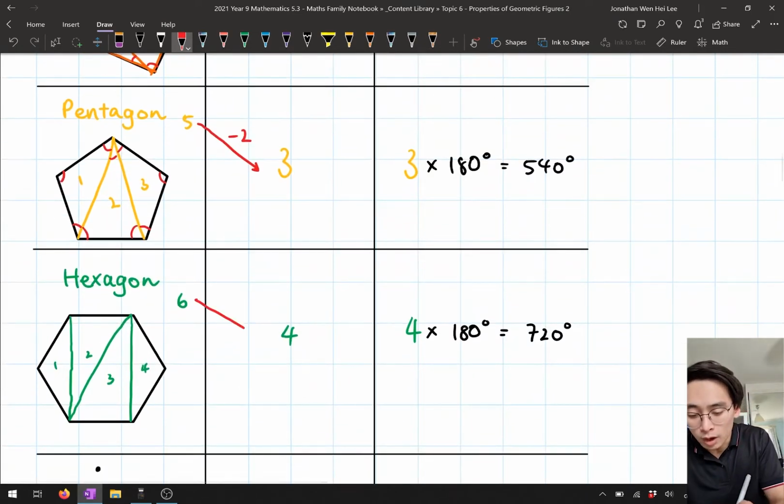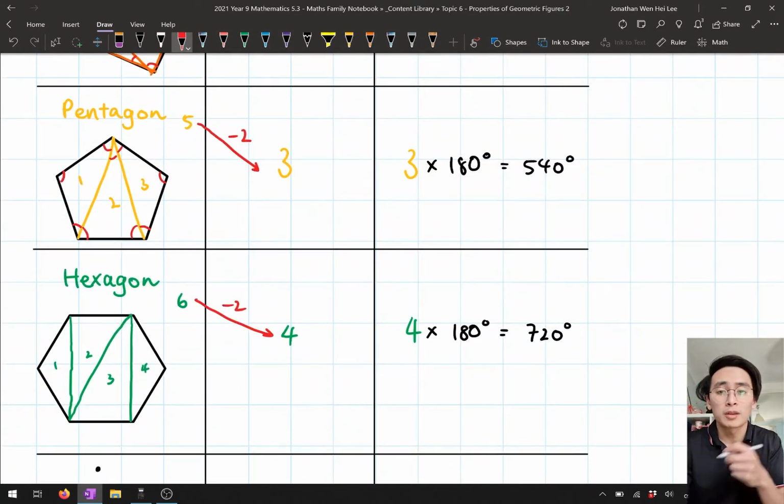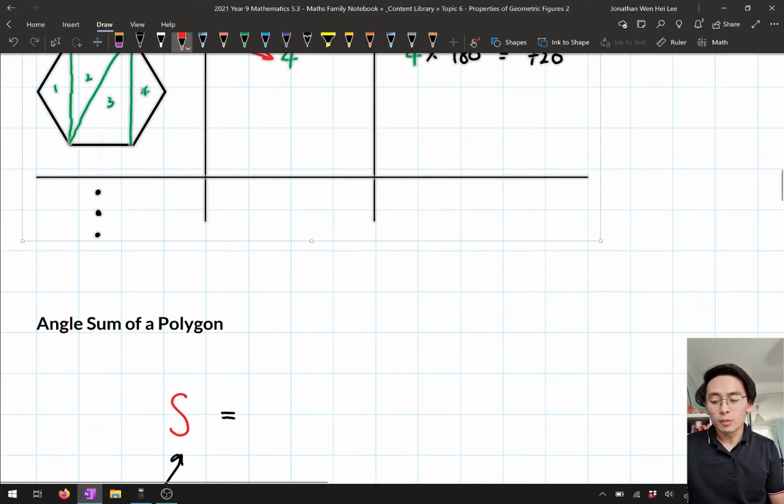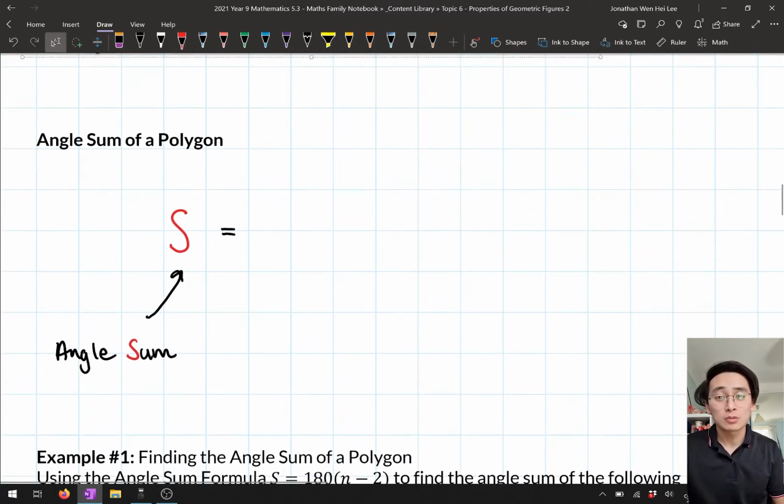So no matter what your polygon is, no matter what multi-sided shape you have, this pattern is always going to emerge. And so if we want to find the angle sum of a polygon, this is what the pattern is going to be. So here I'm going to give you this formula. S is equal to the angle sum, S I have here on the left hand side.